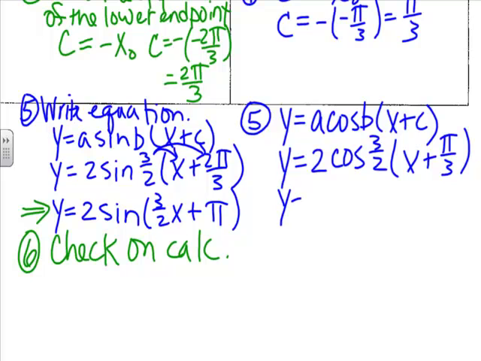Now, if I distribute this, y equals 2 cos(3/2 x. If I take 3 over 2 times 1 over 3, I get 3 over 6, which is a half, plus pi over 2).